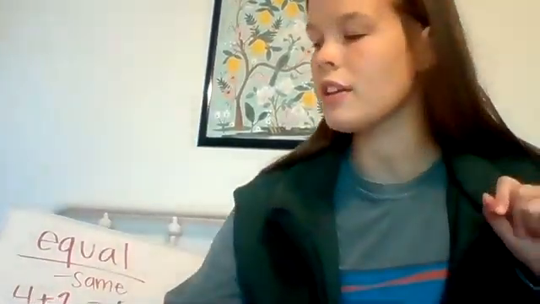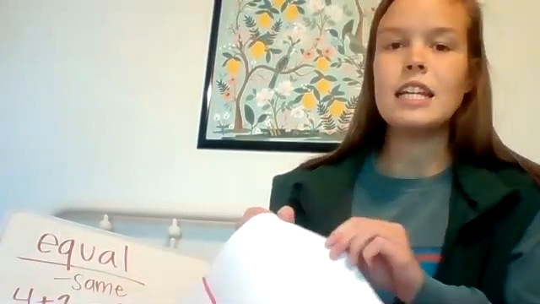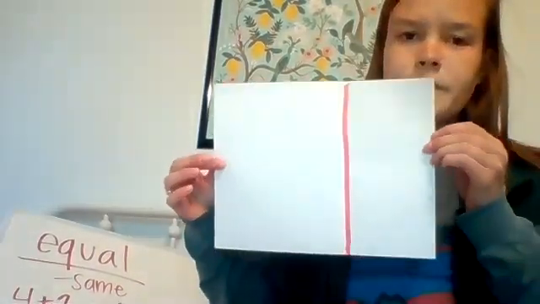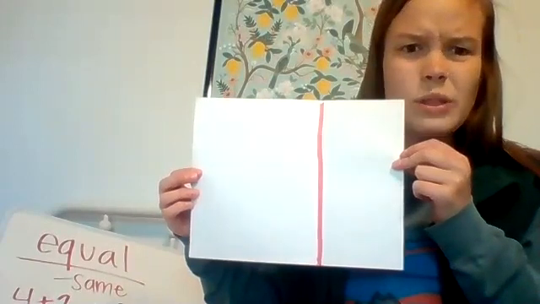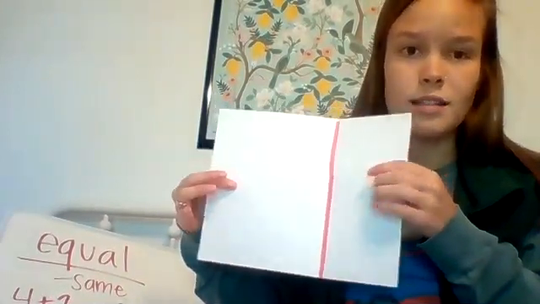Now, I have another example, and I want you to look at it and think about if it is equal or not. So I took another sheet of paper, folded it, drew a crease down it, and let's look at this sheet. These don't look very equal to me. This one looks a whole lot smaller than this size.